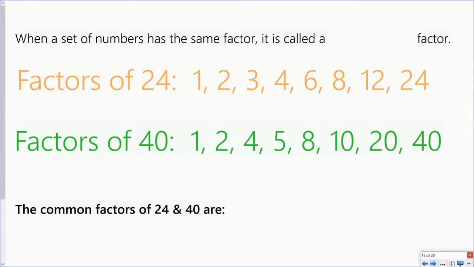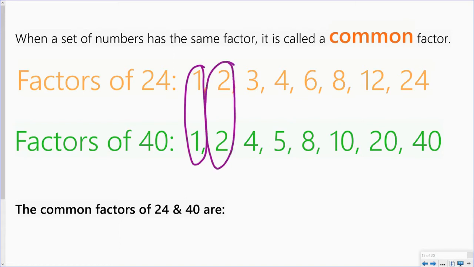When a set of numbers has the same factor, it is called a common factor. Again, here's my list of factors of 24 and my factors of 40. We know that 1 is a common factor because they both have it. We know that 2 is a common factor because they both have that one.